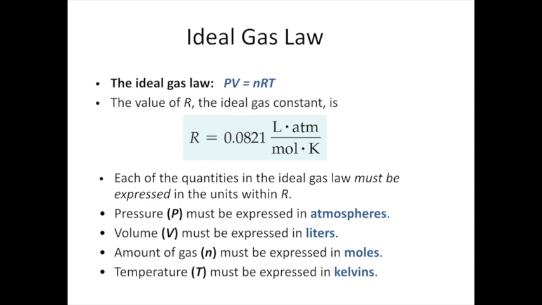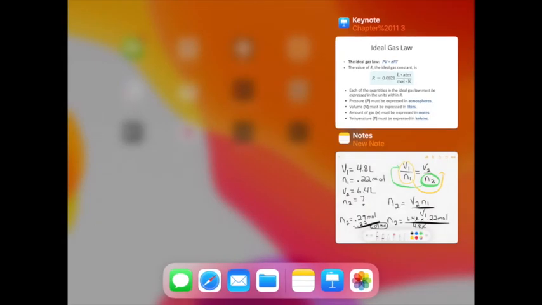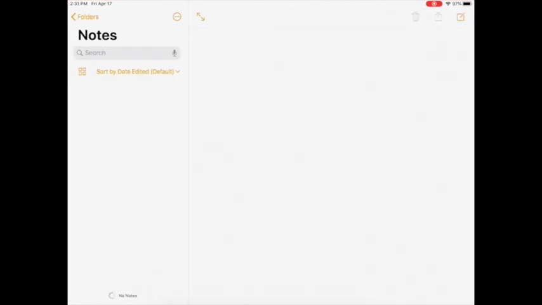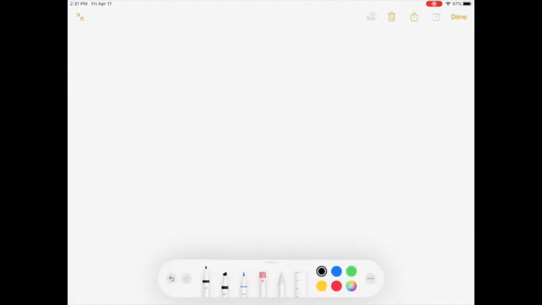So the ideal gas law is PV equals nRT, and again, that's just putting all three of those gas laws together. P times V, that's Boyle's law, right? They're inversely related. And then V equal to N, that's Avogadro's law. And then V equal to T, that's Charles' law. So everything comes together into this ideal gas equation.